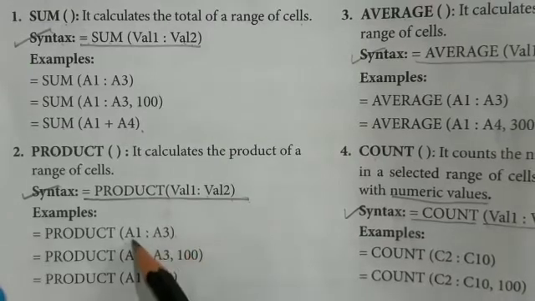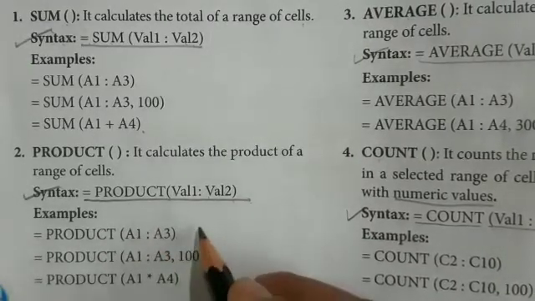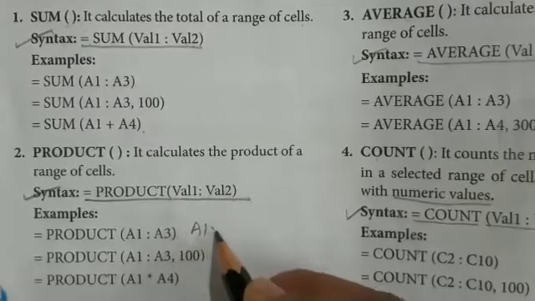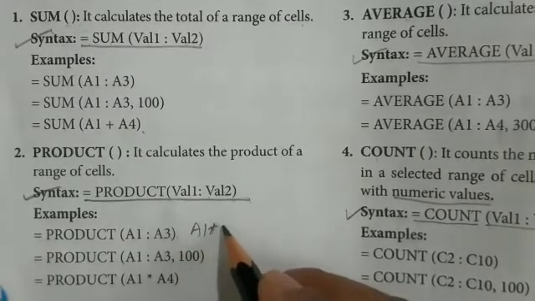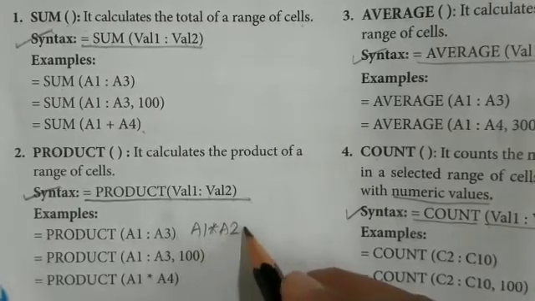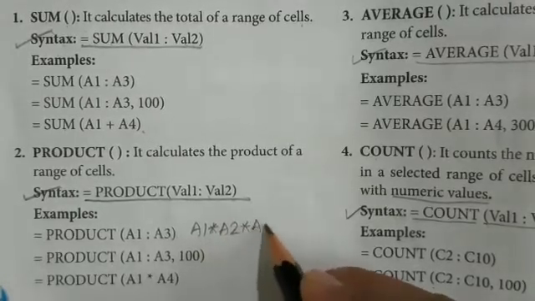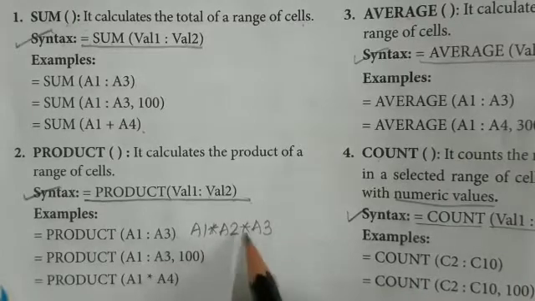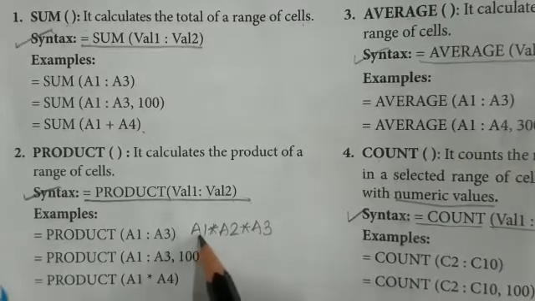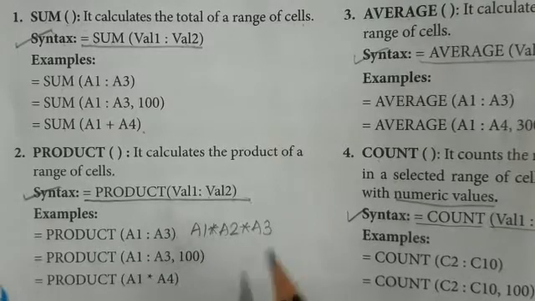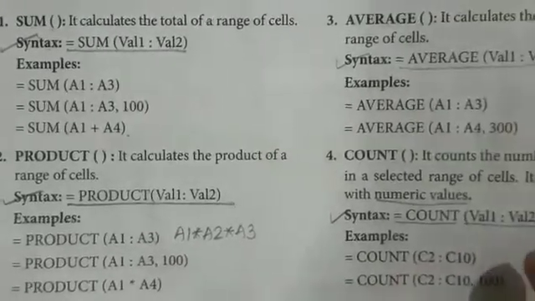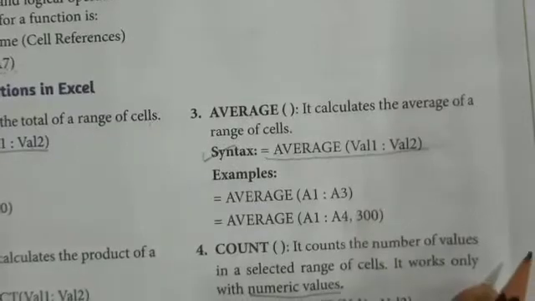It means it will multiply the values of the A1 cell, A2 cell and A3 cell. Now let's see the average function.